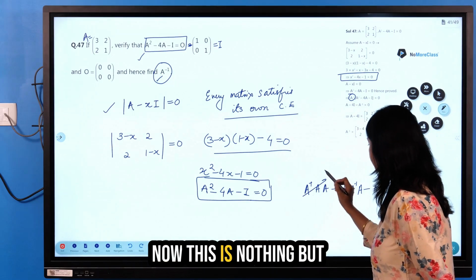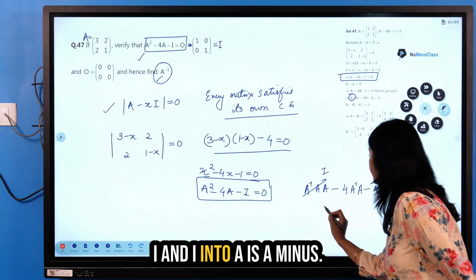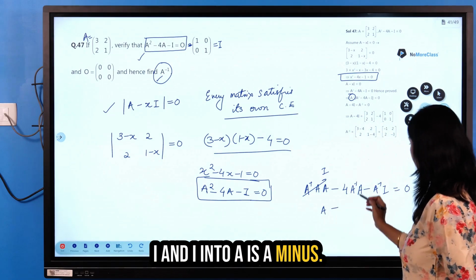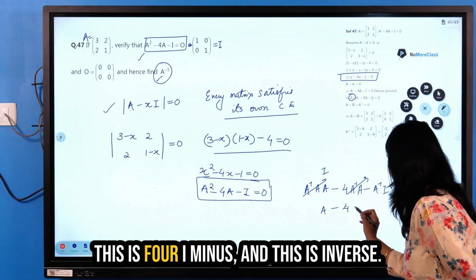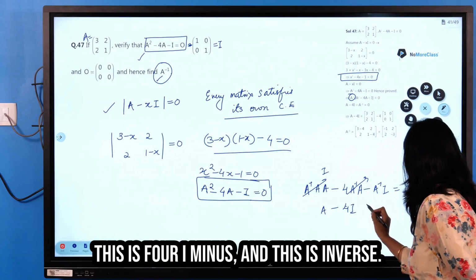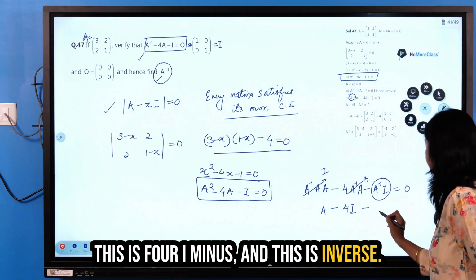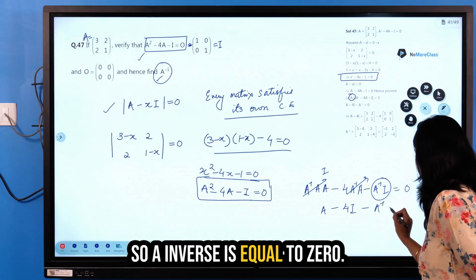Now, A inverse into A is nothing but I, and I into A is A, minus this again is I. So, this is 4I, minus A inverse, is equal to 0.